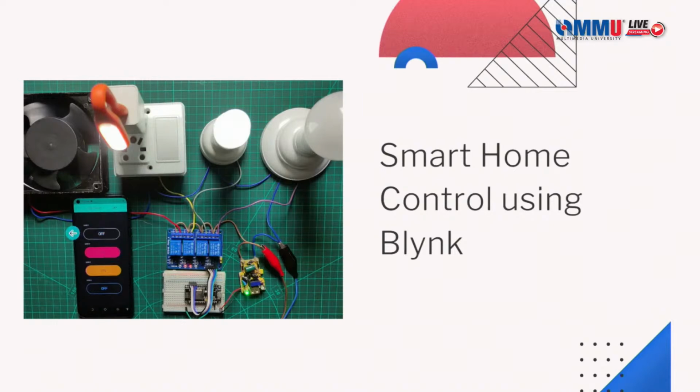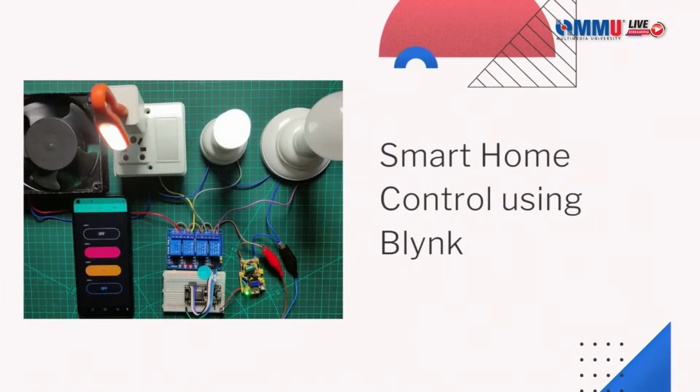It's a simple app that we can create for our IoT projects, with a very simple, straightforward setup. We just set up by adding the buttons and widgets, and we can control them using our phones. So in this project, we can control the lamps and the fan also.